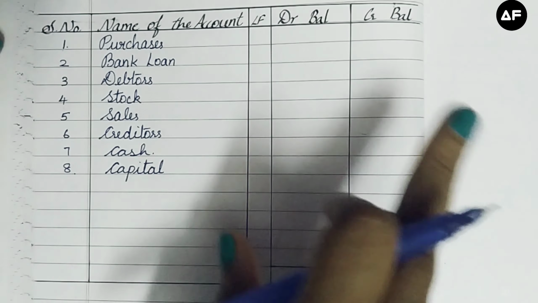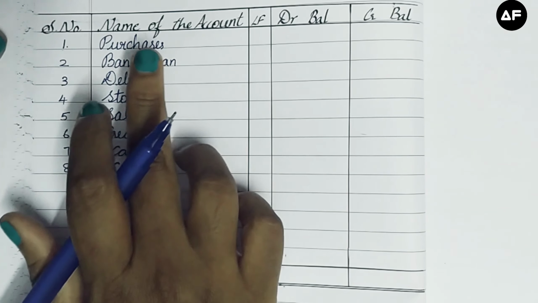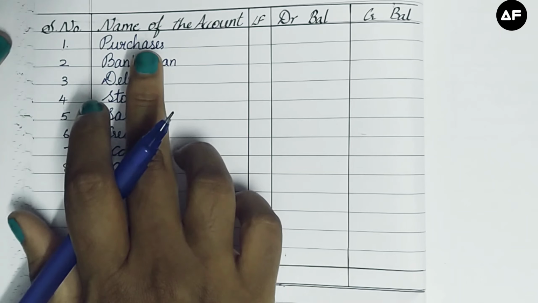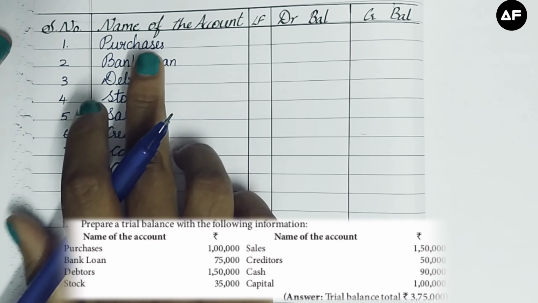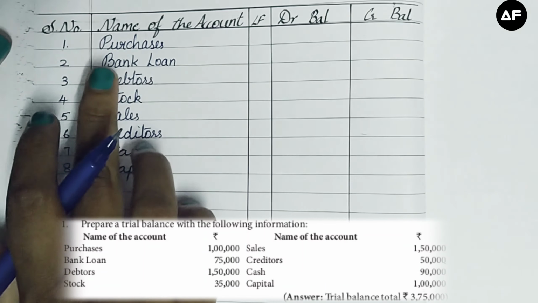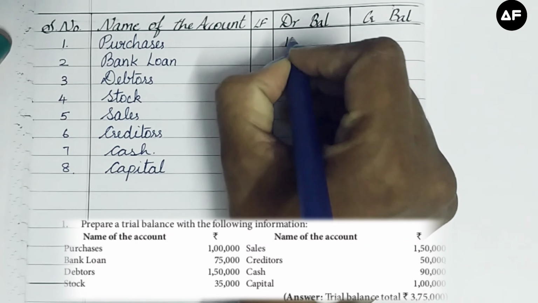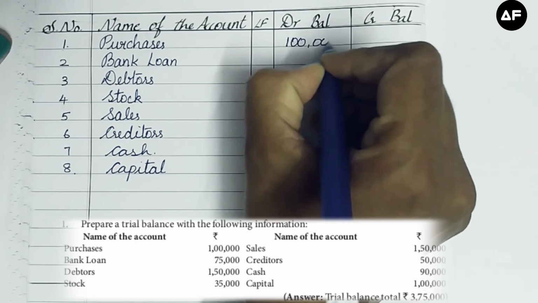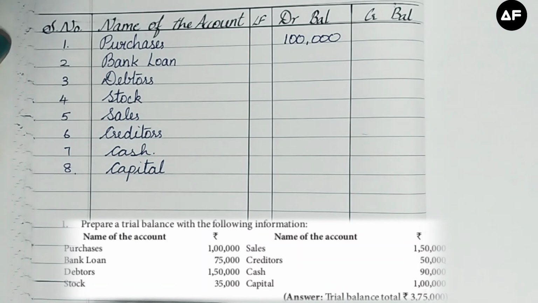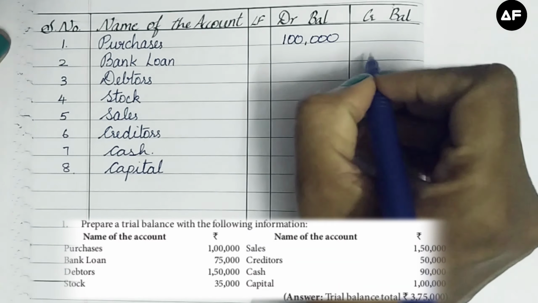So first let's go into purchases. When you're purchasing, goods are coming in. By the golden rules, real account, whatever comes in, you debit. So the purchases account is always a debit aspect. The 1 lakh for purchases, I'm going to write in the debit. Next is bank loan. You're taking a loan from the bank. We have to repay them, therefore it comes in the credit.